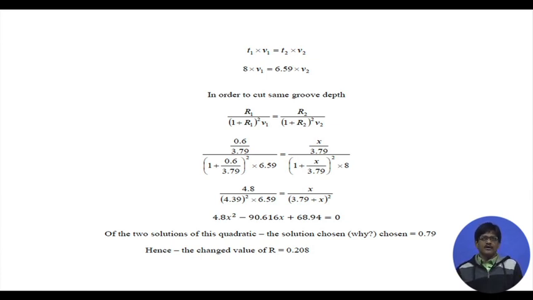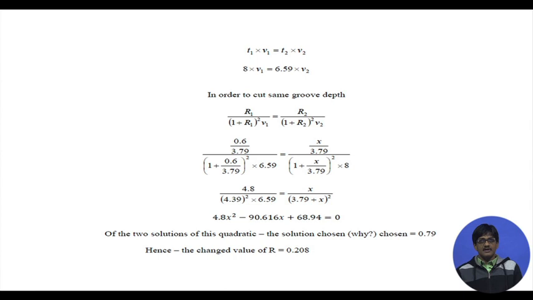Okay. So, I hope that you will agree with me that the question, when you start with it, looks quite formidable, but it is absolutely logical, and it is based on a hard foundation of technological facts. That is, if you have to change over from one setting to another, remember that groove depth has to be maintained the same, cutting total groove length has to be maintained the same.